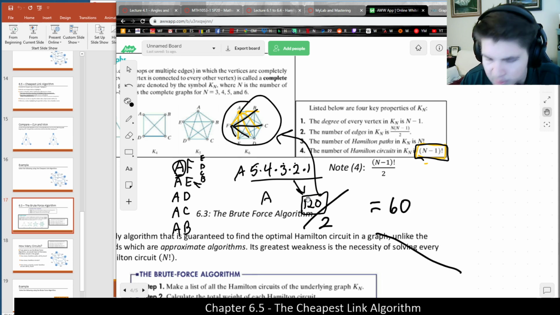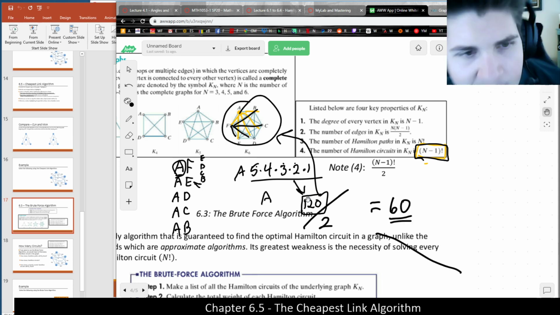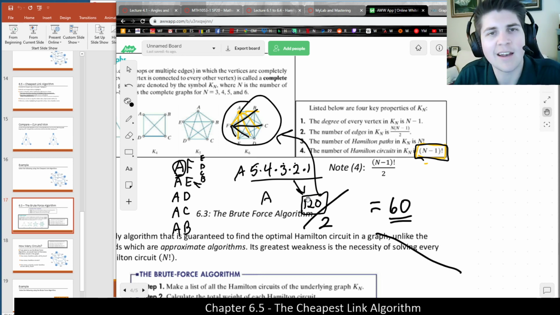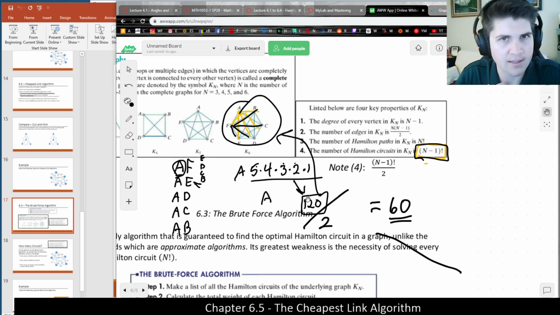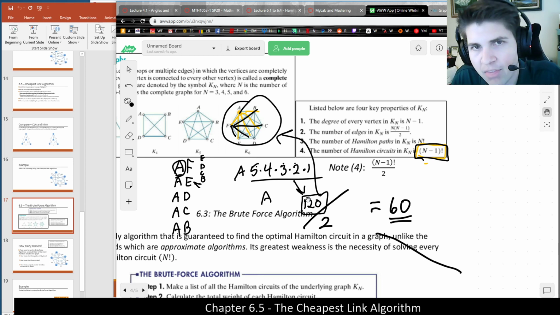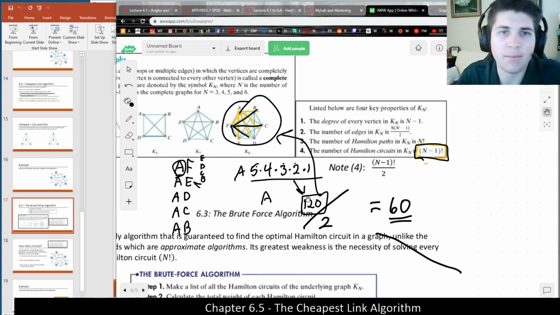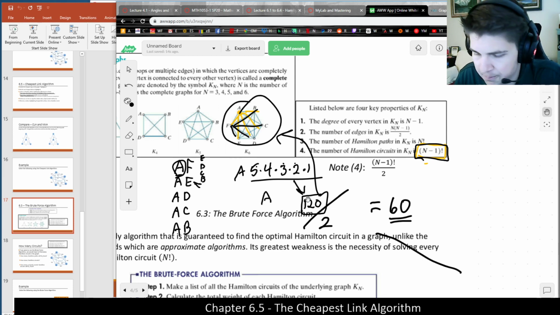Technically they're not all going to be uniquely costed, but you can cut down on the reverse circuits if you wanted to. The book doesn't get into that, I don't think, but I thought it's worth mentioning.